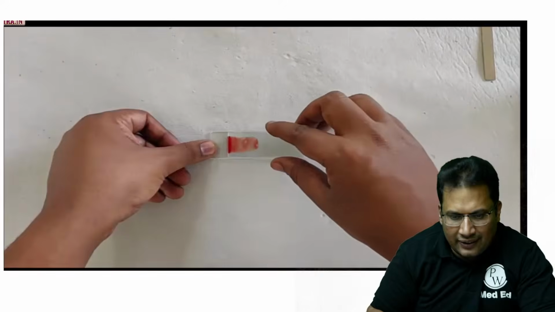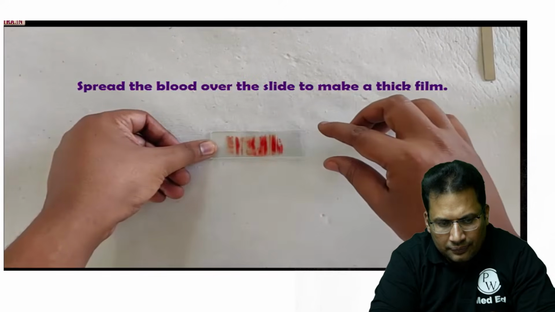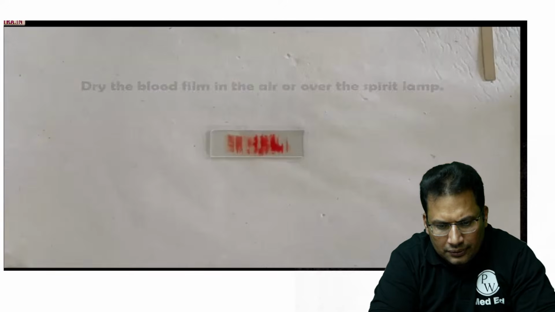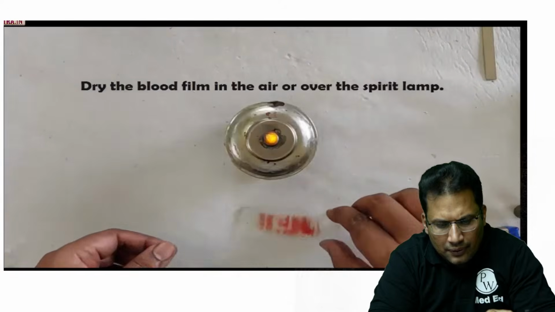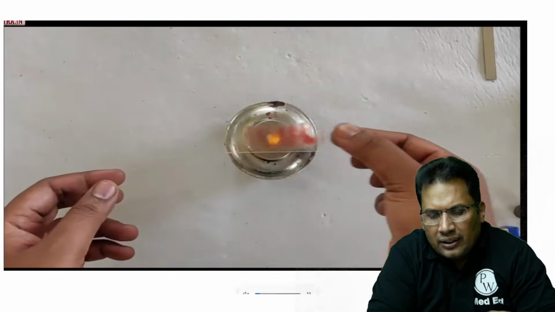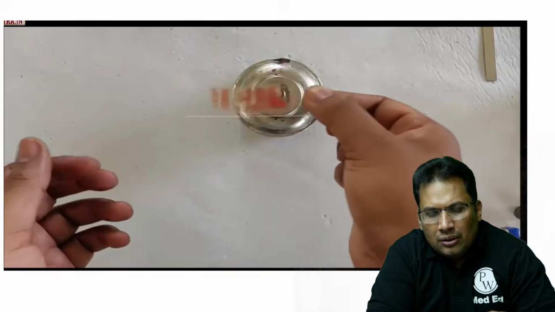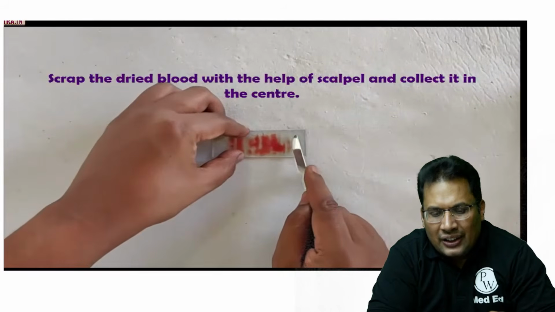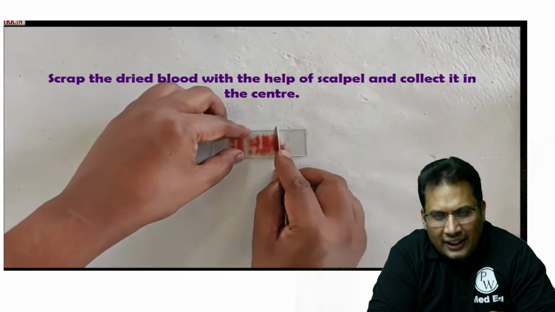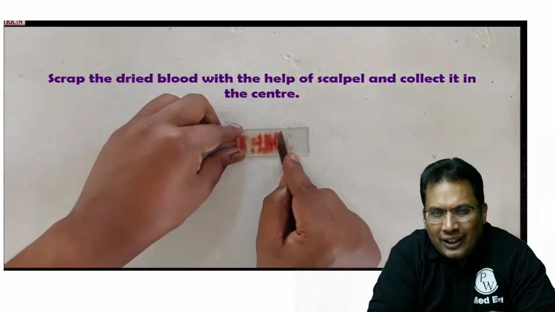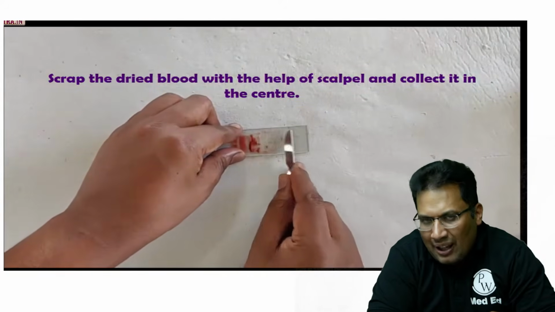Now look at this test. See, this is a Teichmann test. The suspected bloodstain is taken, which is heated. Once you heat, there will be evaporation of the plasma.